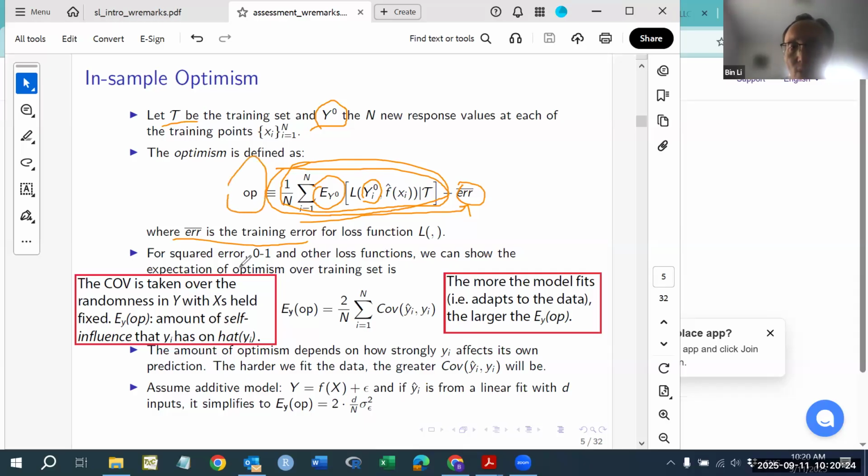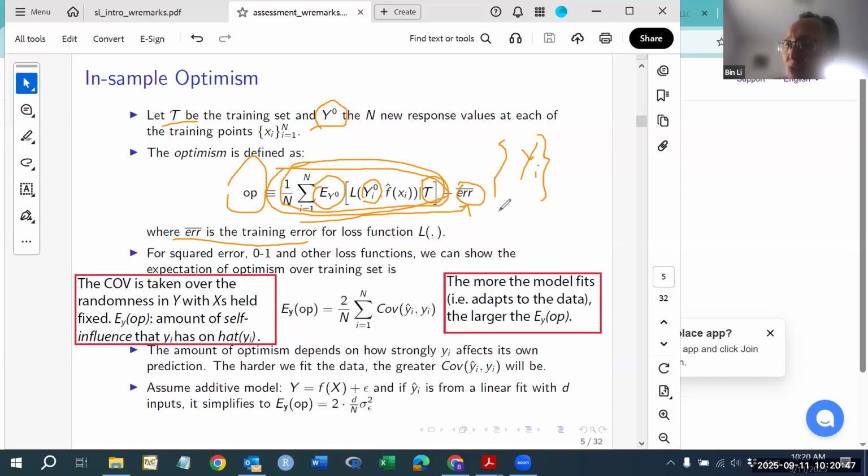And this is still considered a random variable. Why? Because here you can see this depends on the training set. In the training set, we also have the yi's, and these are random variables.